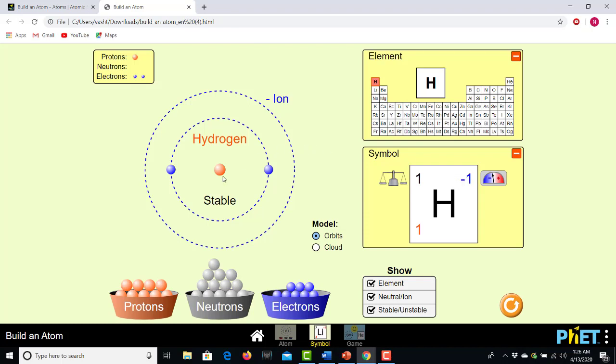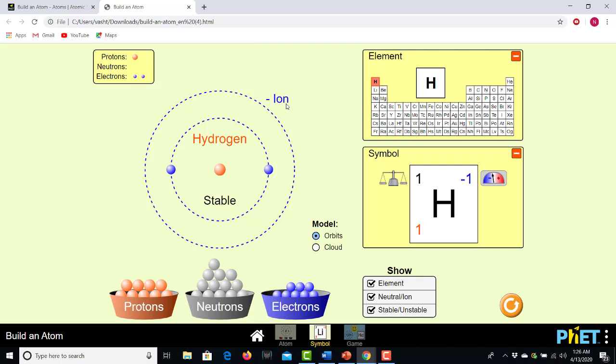So let's take a look. -1, -1, and +1. So -2 coming from our electrons plus 1 coming from that proton add up to -1. This species is not an atom because it's charged. It's an ion. Remember that ions are species in which the number of protons is not equal to the number of electrons.